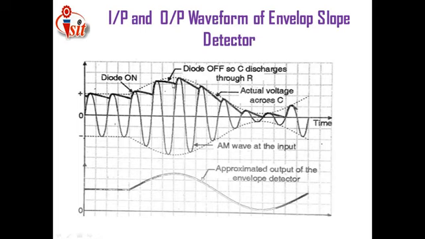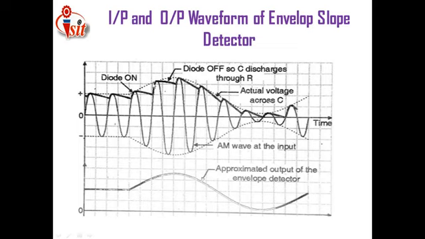At that time the charged capacitor, which has reached the peak value, starts discharging. Actually at that time the capacitor voltage is greater than the input signal. That means this charging period and discharging period is totally dependent upon the input signal and capacitor voltage, as I have told you earlier.